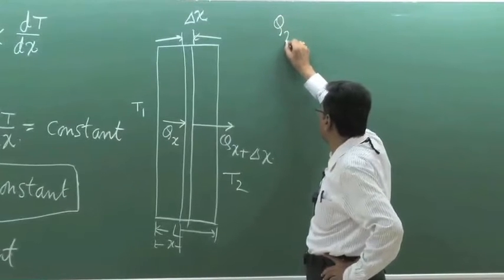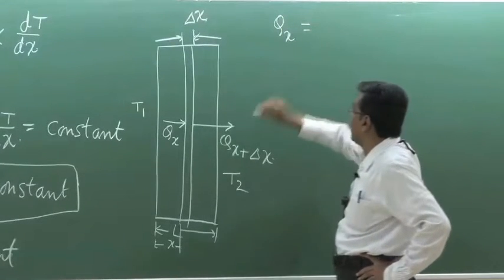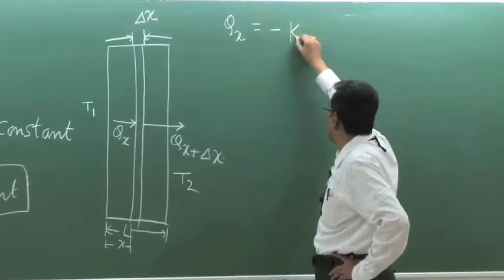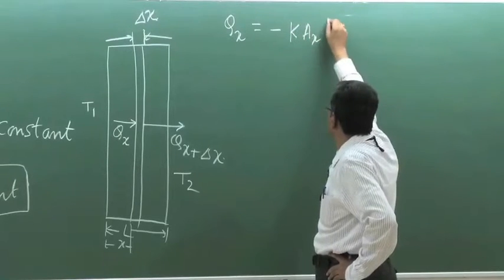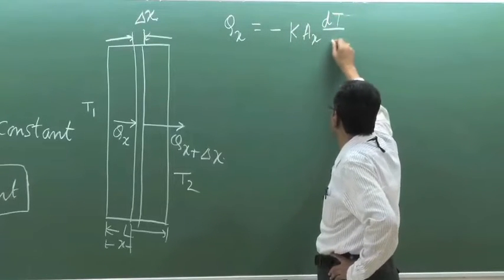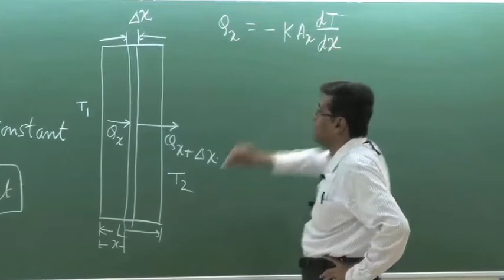Qx in a little more elaborate way is nothing but minus k Ax dT/dx, because T is a function of x.